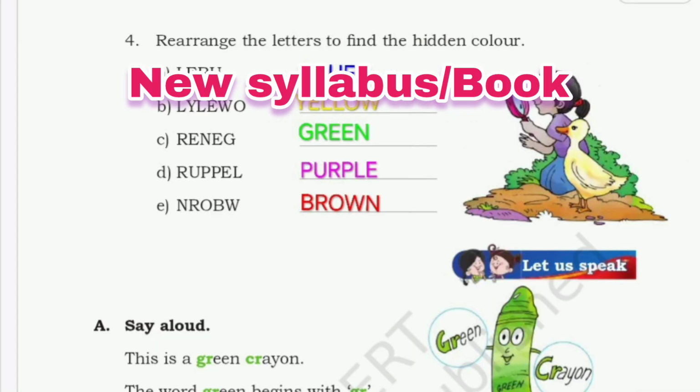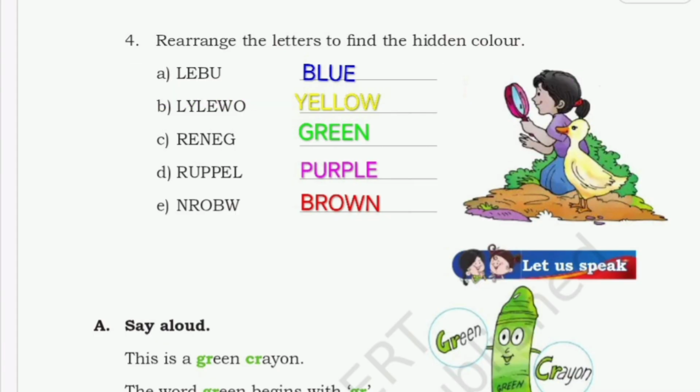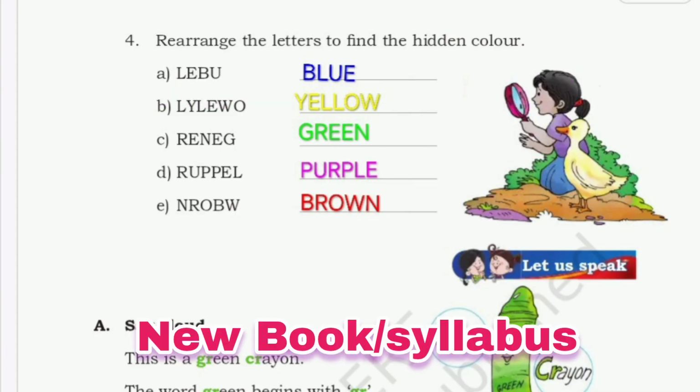Rearrange the letters to find the hidden colors. First is A. LEBU. The color is BLUE. B. LYLEWO. This color is YELLOW.